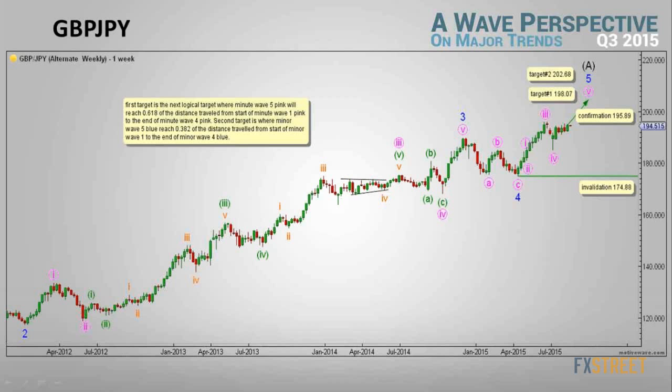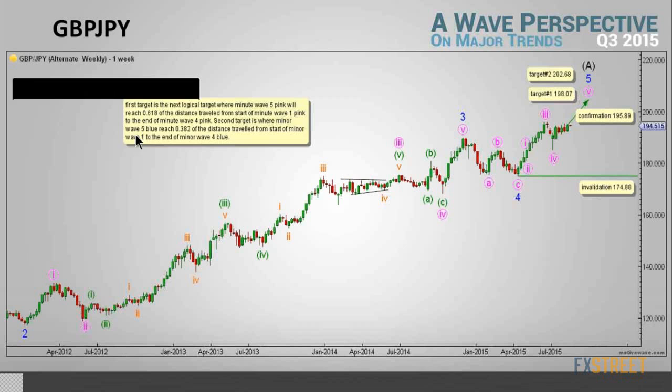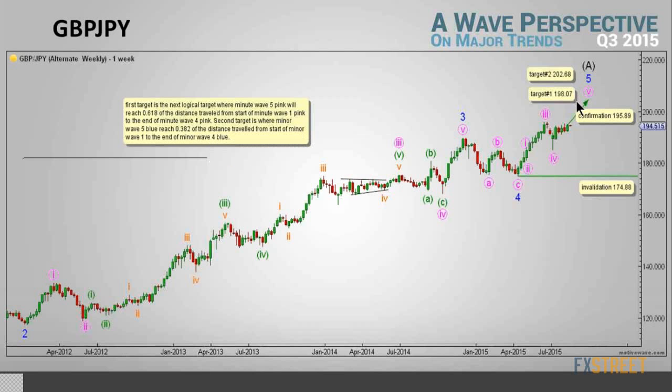This count will be confirmed by movement above 195.89, and we have two targets for the completion of wave 5 pink. The first target is at 198.07, as at that level wave 5 pink will reach 0.618 the distance traveled from the start of wave 1 pink to the end of wave 4 pink.